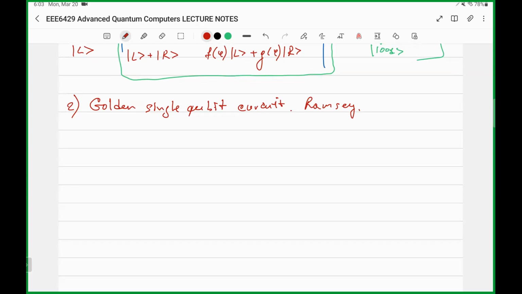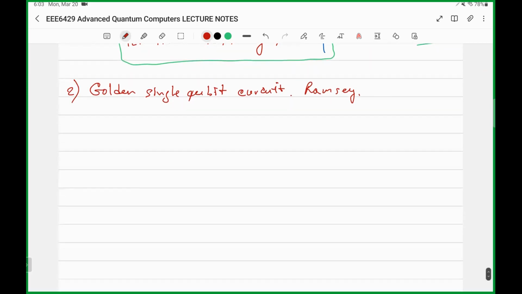For 1 qubit, there is another. I call this the Golden Single Qubit Circuit because you can meet this part of the circuit in many different circuits. I'm not sure if this name is official, probably not. Anyway, let's consider this circuit.